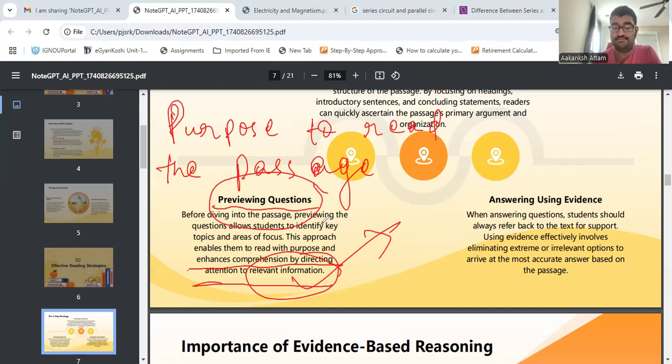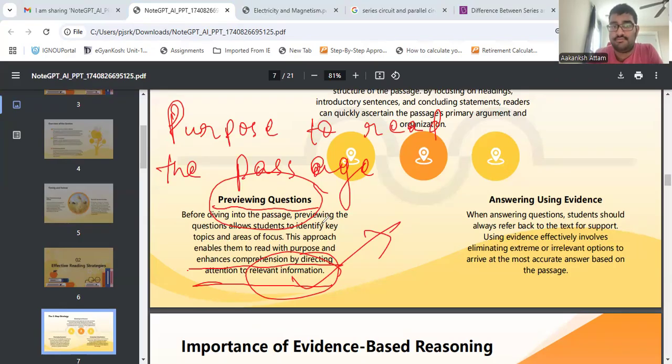Then we need to answer using evidence. When answering questions, you need to refer back to the text for support. When you are trying to find the most appropriate answer to a particular question, you always need to refer to the text.